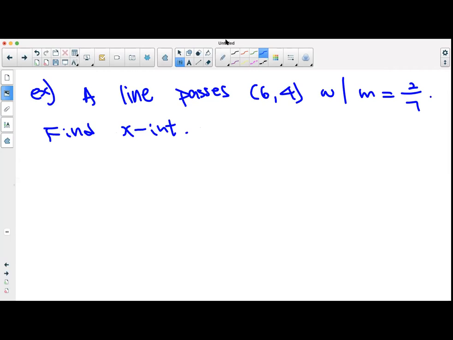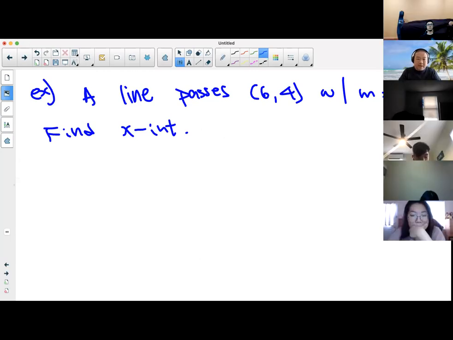A line passes through (6, 4) with a slope of 2/7. Find the x-intercept. How do you find the x-intercept? Okay, so let me give you this question.